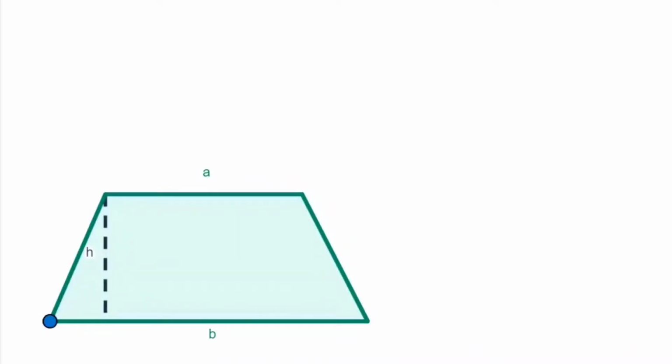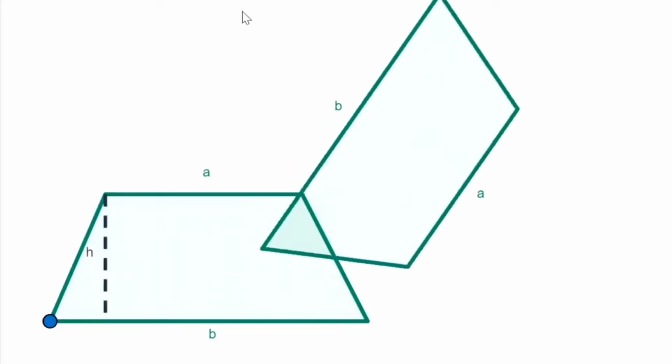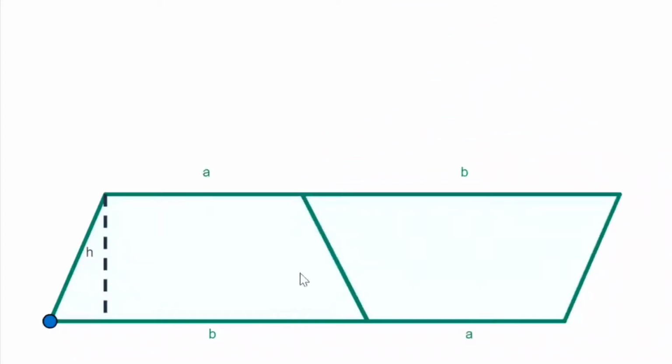I have taken two identical trapeziums with the sides as A and B units and the height H. Let me move this. What I've done is I've taken the inverted one and I have joined them such that these two sides coincide. Now you can see what is the type of quadrilateral I am getting. This side is parallel to this side.